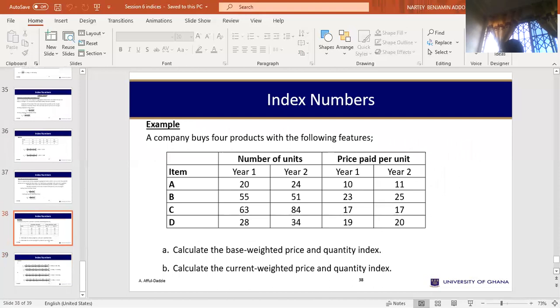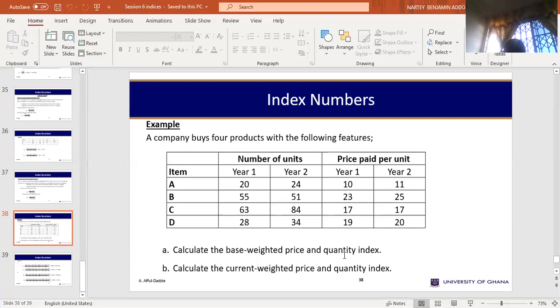So again, we have an example here. Number of units for year 1, year 2, for four types of products, and then the price per unit for year 1, year 2. Calculate the base weighted price and quantity index, and then calculate the current weighted price and quantity index.